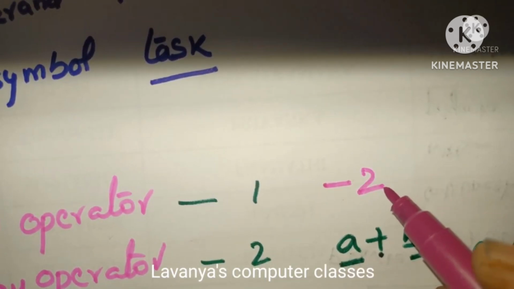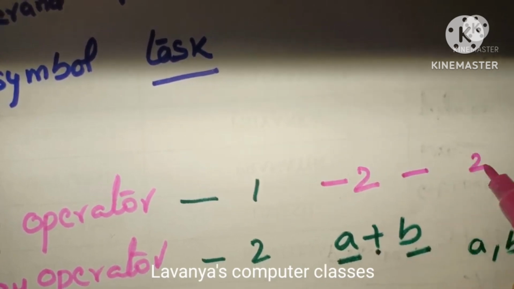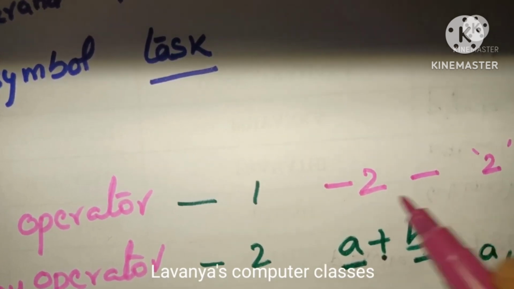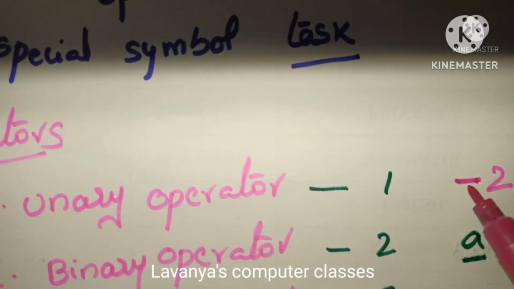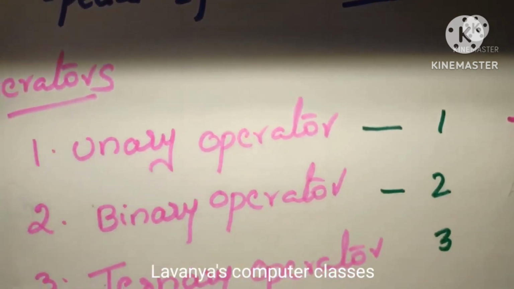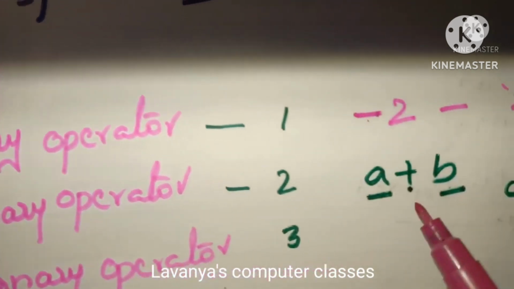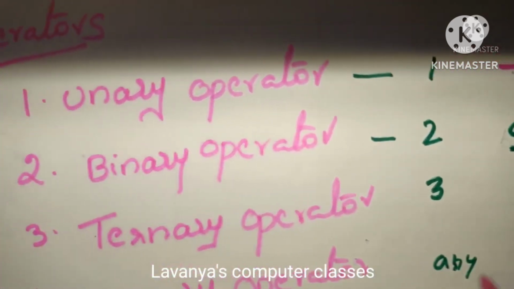If we take only 2, it indicates a positive number. But whenever we put minus before the number, minus is an operator and 2 is one single operand. That's why it is called a unary operator. Minus is a symbol working with only one value. Binary means it is working with two operands.